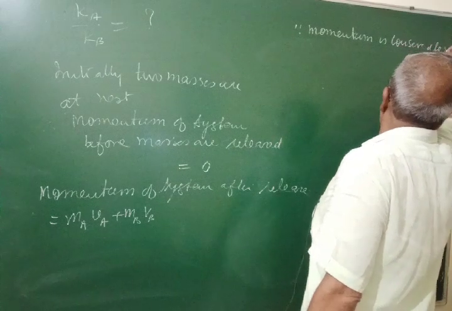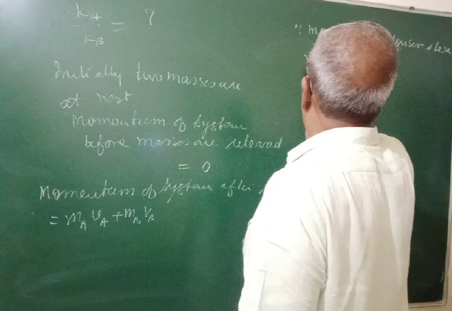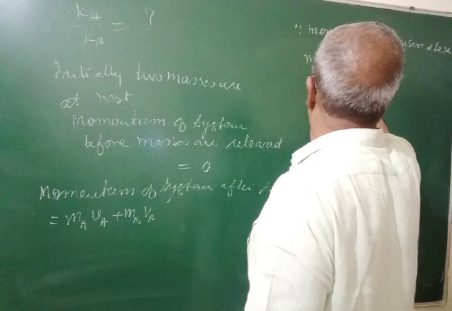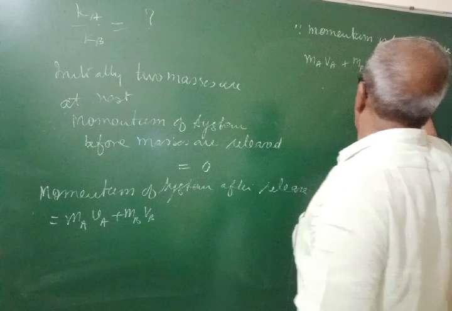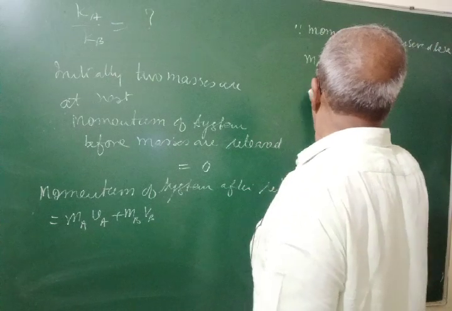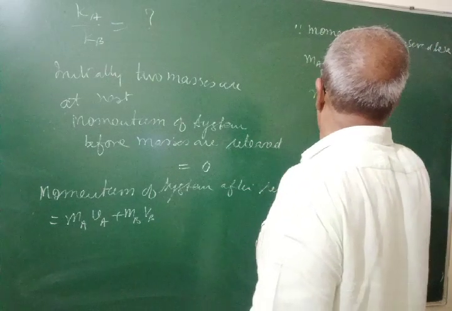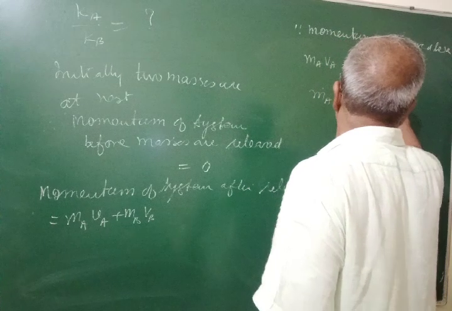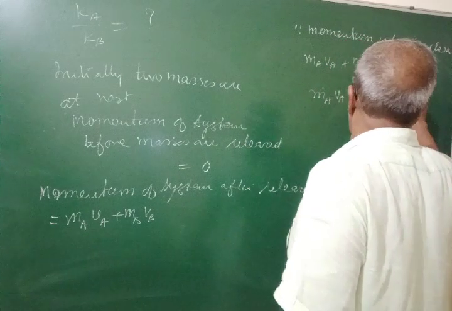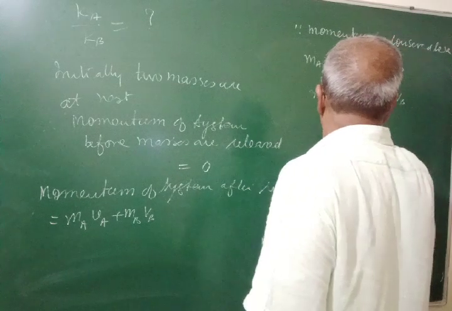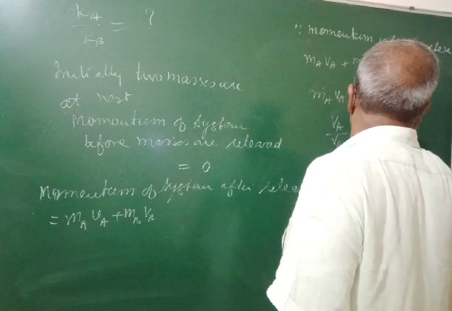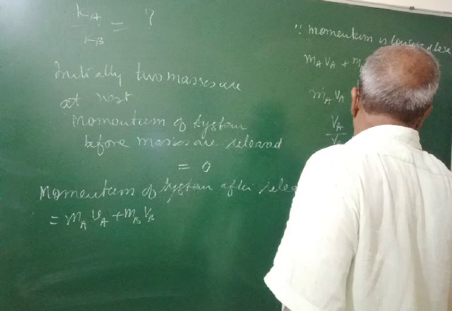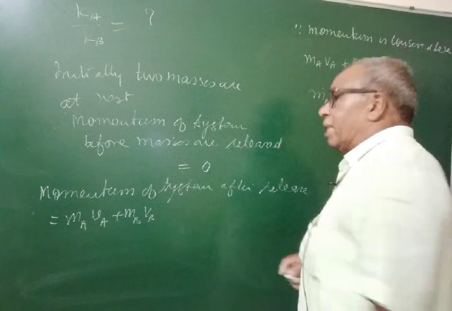So MA into VA plus MB into VB equals 0, or MA VA equals minus MB VB, or VA upon VB equals minus MB upon MA. The minus sign means they will be moving in opposite directions.